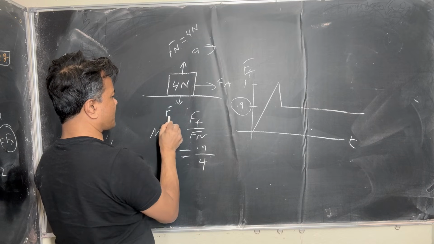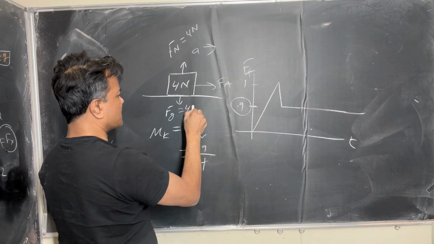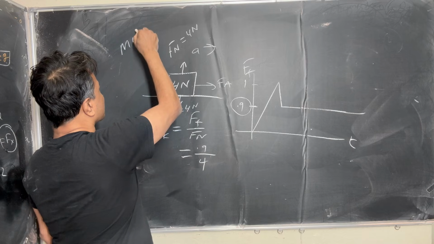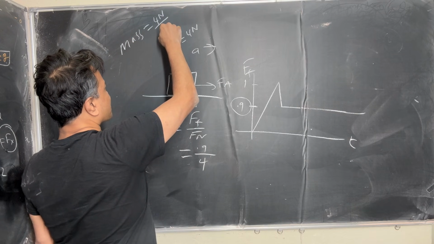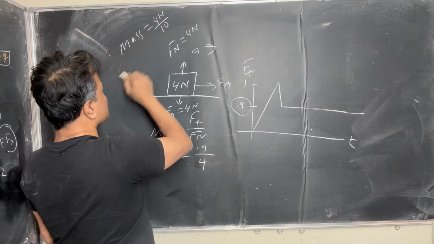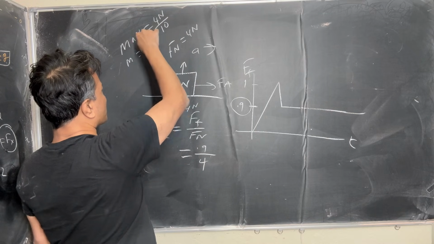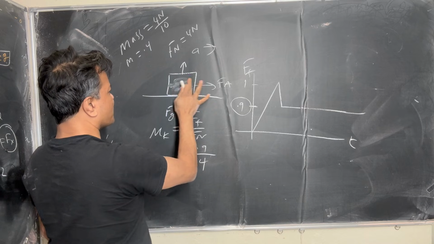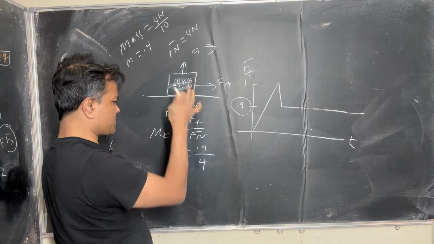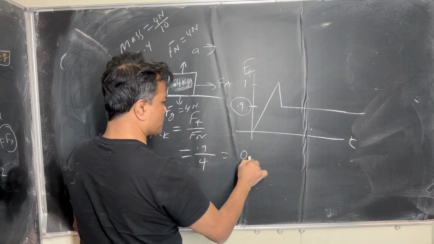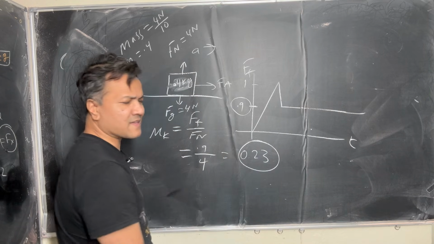Fg is 4 Newton, because the mass is 4 Newton divided by g, which is 10. So the mass is 0.4, right? If you don't like 4 Newton, you can write 0.4 kilogram, if that makes you feel better. So this is 0.23. There is no SI unit.